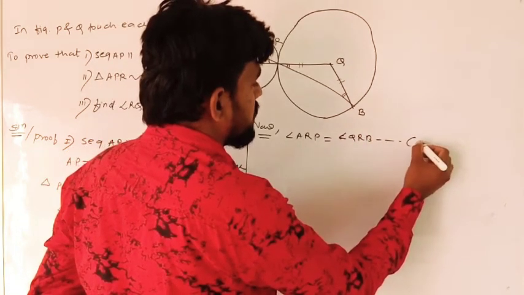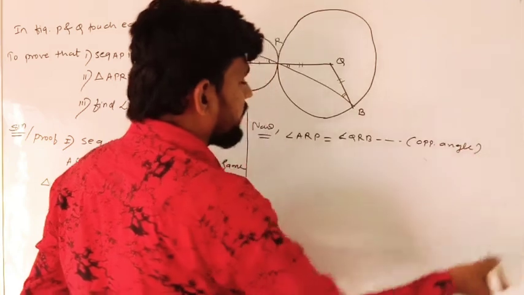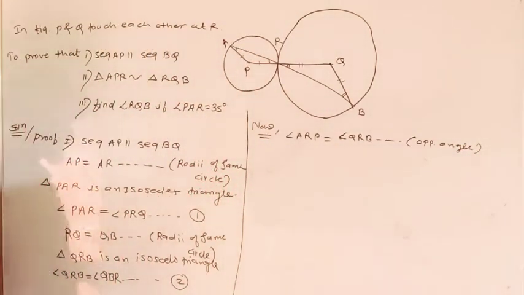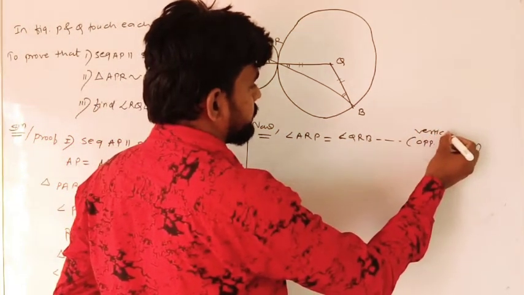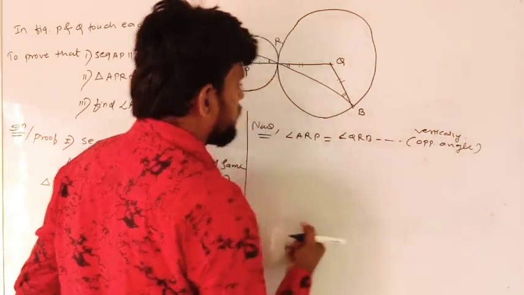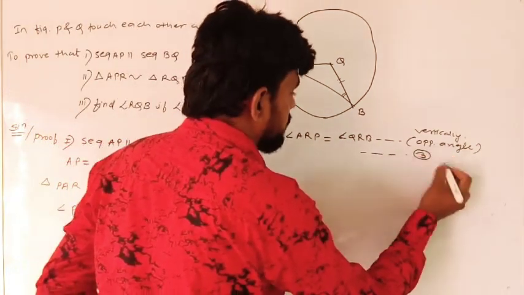Why? Because they are opposite angles, or we can say alternate angles. We can say it is a vertically opposite angle. This is the third equation.